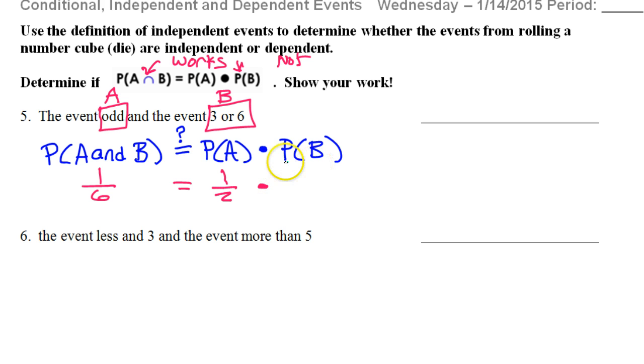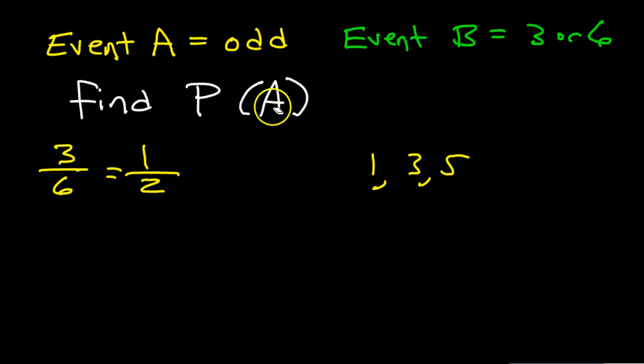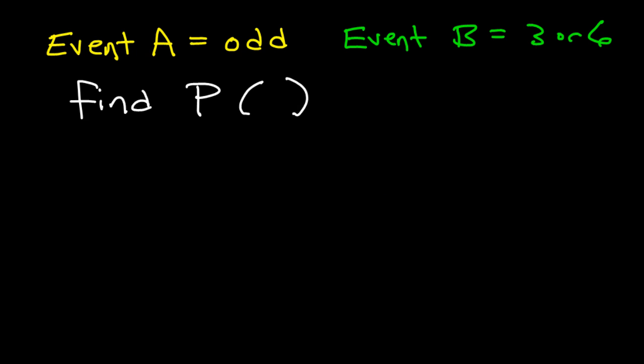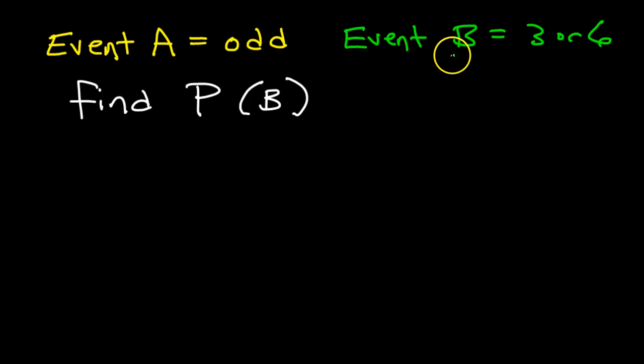Now let's find the probability of just B. Event B is rolling a 3 or 6. So what's the probability of event B?